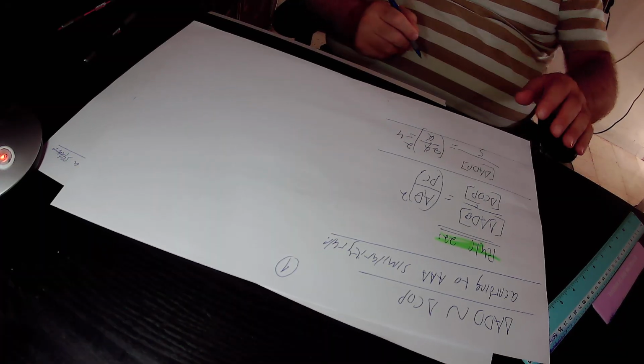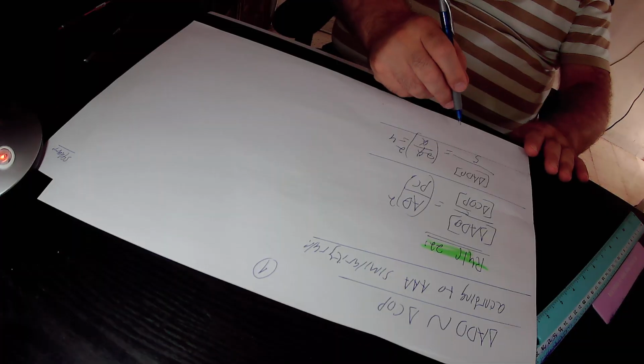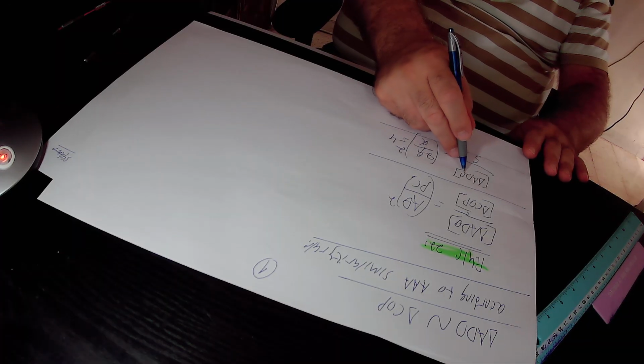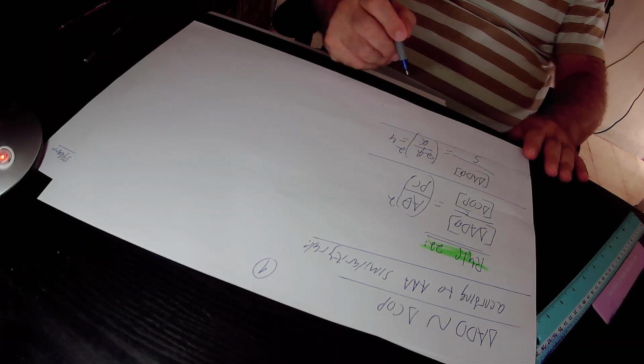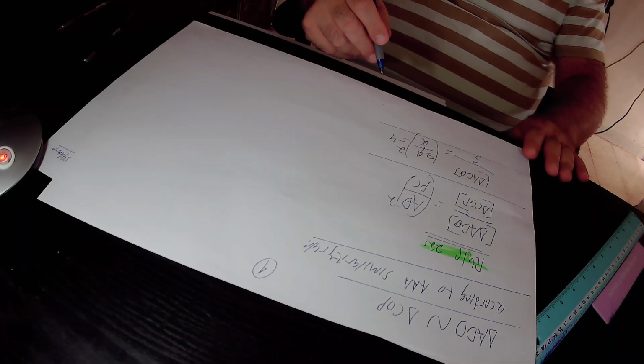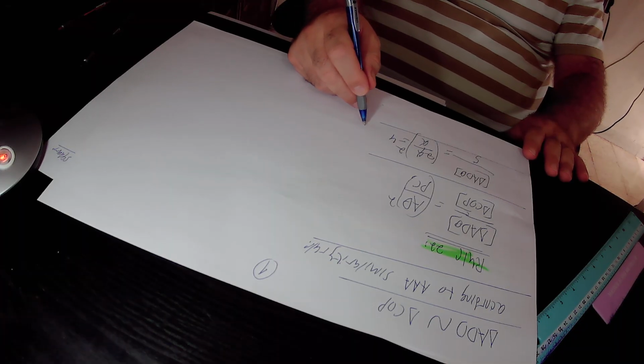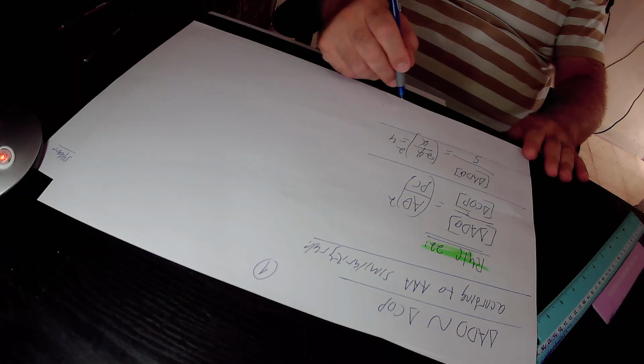So in total, we should find out that the area of the big triangle ADO over 5 is equal to 4. So here we multiply this equation by 5.